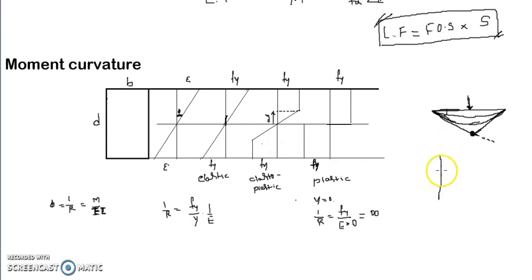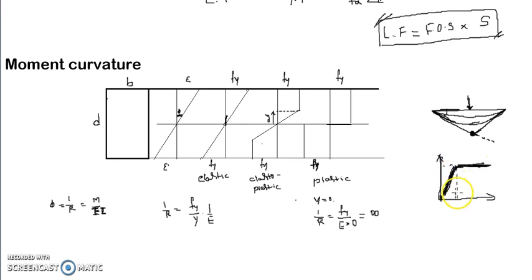When the section becomes plastic, if you look at the stress strain curve, when all the member has been yielded, the strain in all the fibers is in the plastic stage. So here you have very high rotation.